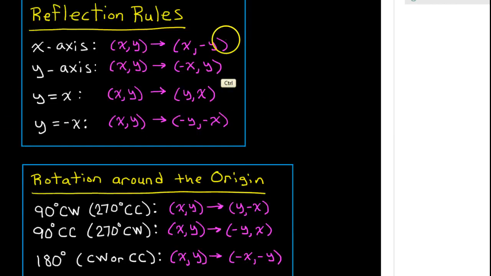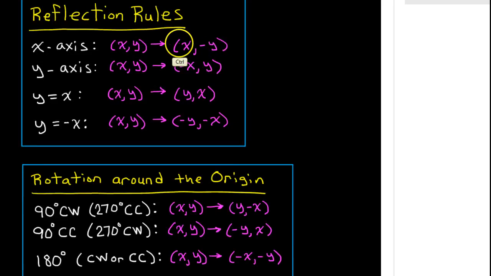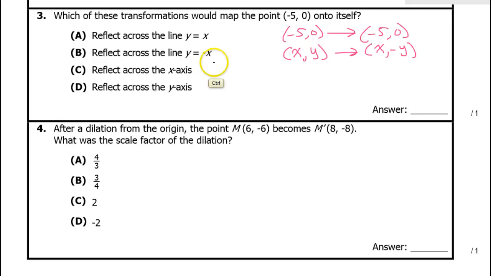And again, I'm hoping this is all in your head, so you don't have to look back at a cheat sheet that you don't have if you're taking a test. But (x, -y), you can see that that's what happens when you do a reflection over the x-axis. You get (x, -y). So reflection over the x-axis is the answer, and that's going to be C.